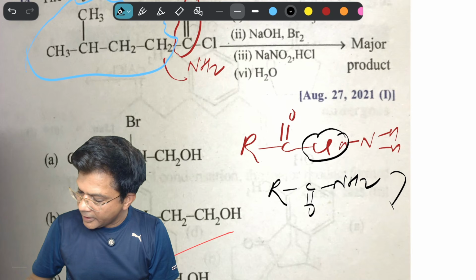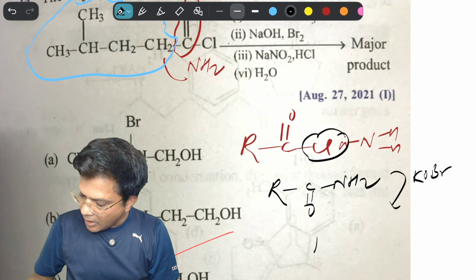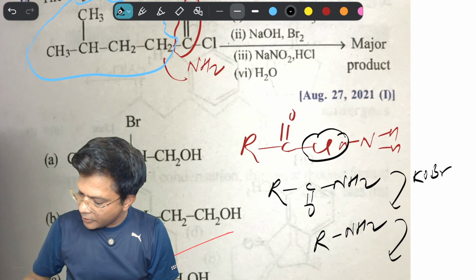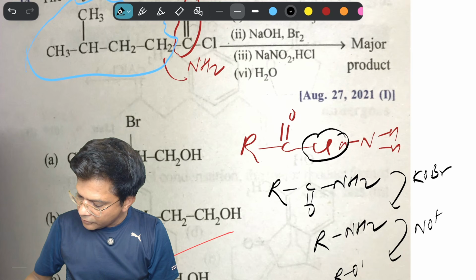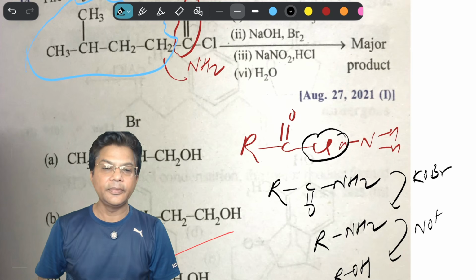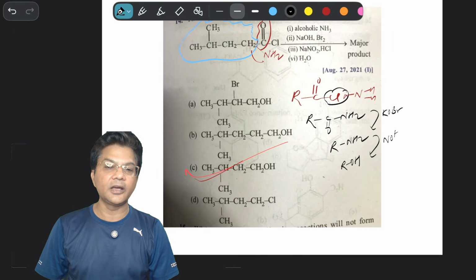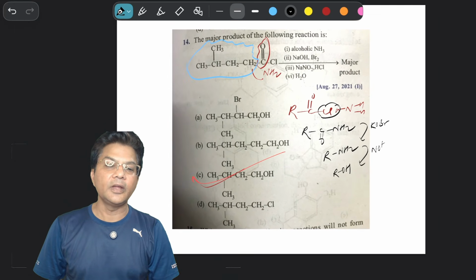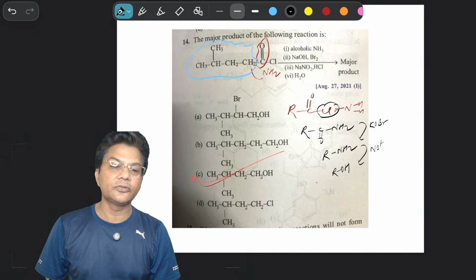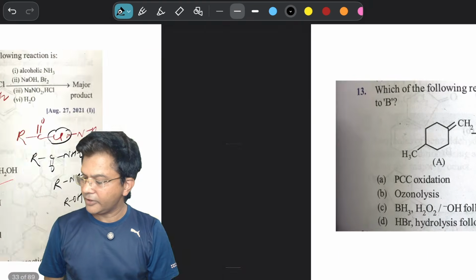Now the Hofmann reaction, KOBr means Br2 with KOH, gives R NH2, now an aliphatic amine, so NaNO2, HCl gives ROH. So this is your product, and that is what they have given as the answer, right? C is the correct answer. You can see the reaction. Very clear, kids? Yes. Now next question.